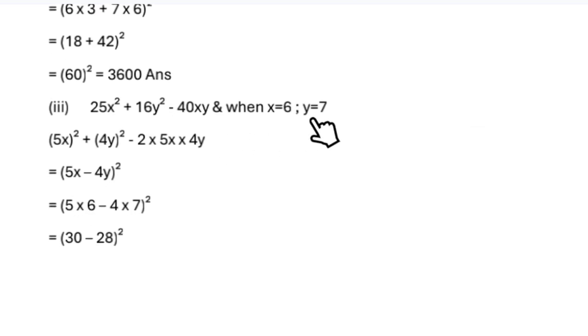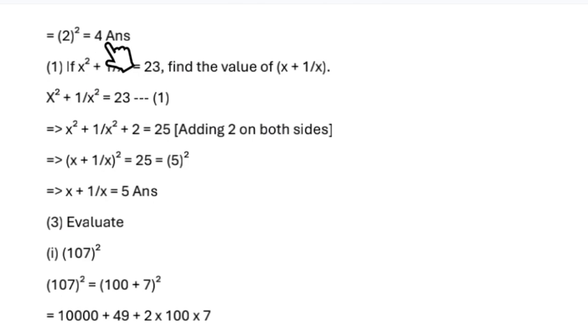Then the value of x and y, x is equal to 6 and y is equal to 7, so 5 into 6 is equal to 30 and 4 into 7 is equal to 28, so 30 minus 28 is equal to 2, so 2 square is equal to 4. 4 is the answer.